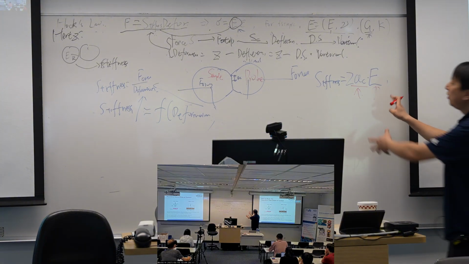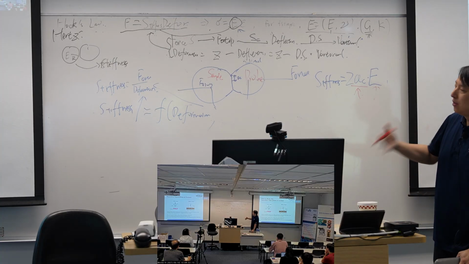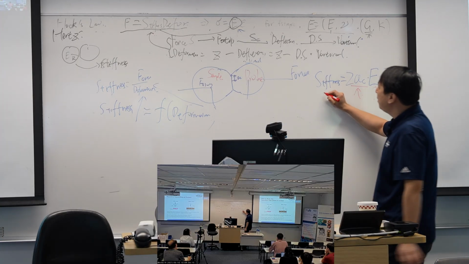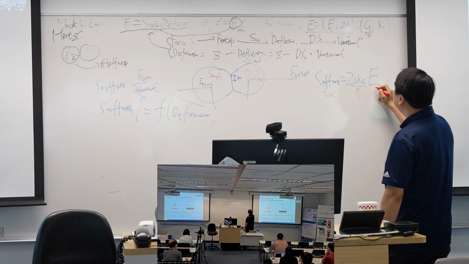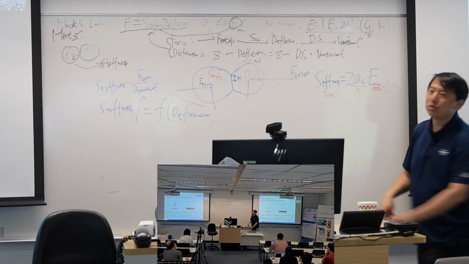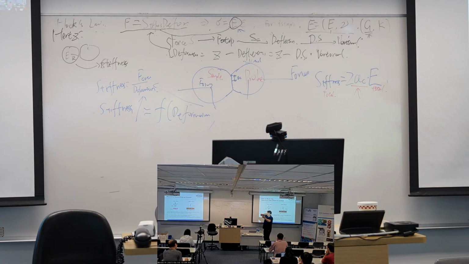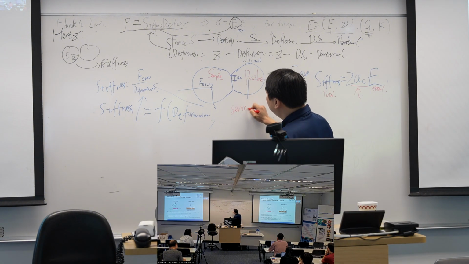Of course, this calculation requires that the stiffness is the total stiffness, and the modulus here is the total modulus, because we are combining these two things. So we need the serial connection.